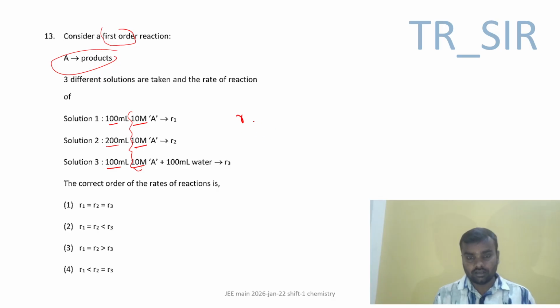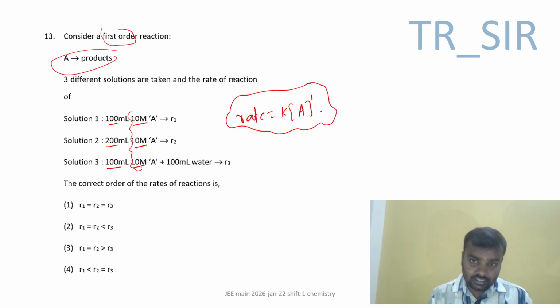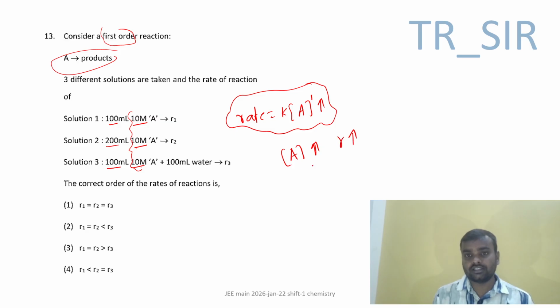That means rate is equal to K into concentration of A raised to the power of 1. This is the relation we have. So when concentration increases, the rate of reaction also increases; when concentration decreases, rate decreases.